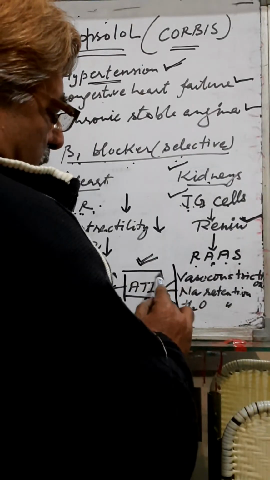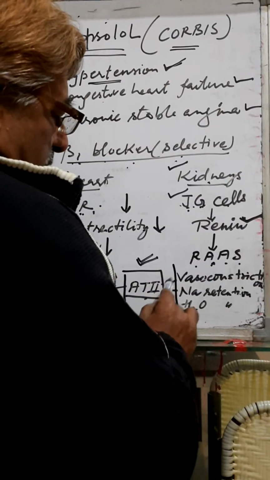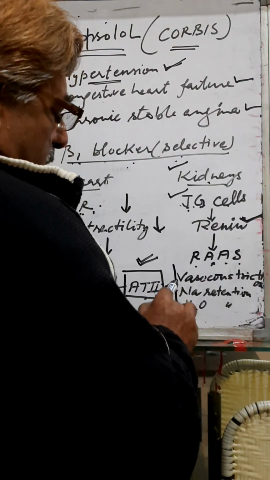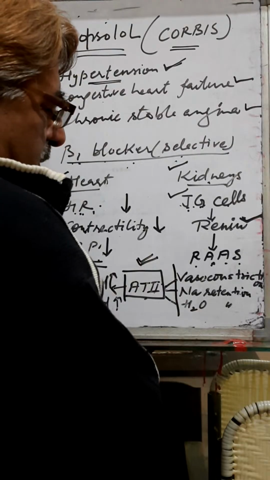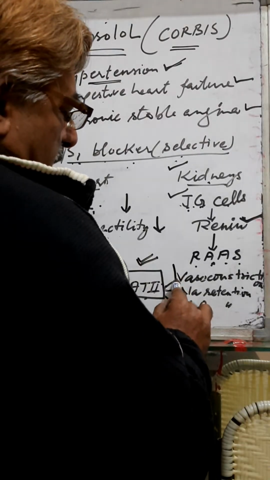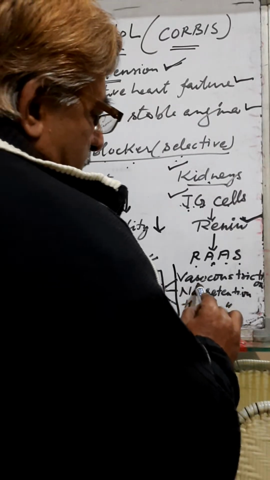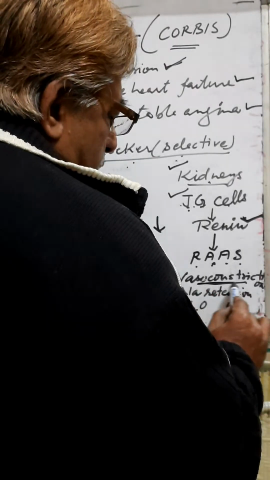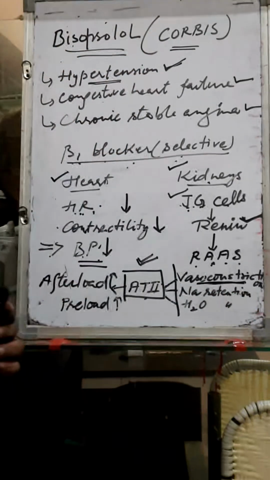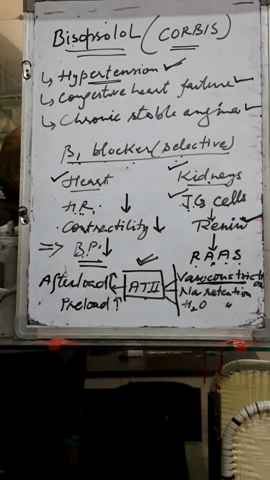Number one, this angiotensin 2 causes vasoconstriction. So peripheral resistance is increased.